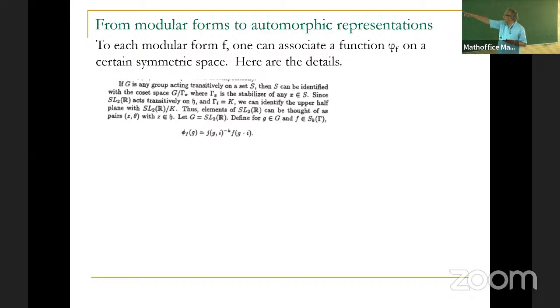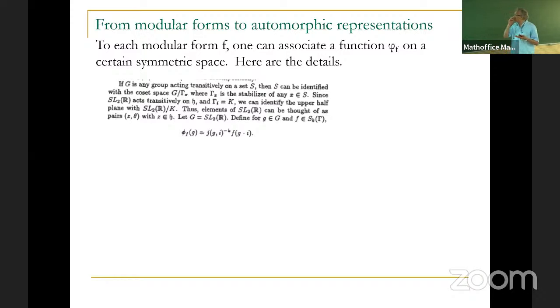Once you have that, then you can interpret the upper half plane as a coset space. See, in the classical theory of modular forms, you have functions on the upper half plane transforming in a certain way. Now, if you're trying to generalize the theory of modular forms, first question is, what's the generalization of an upper half plane?